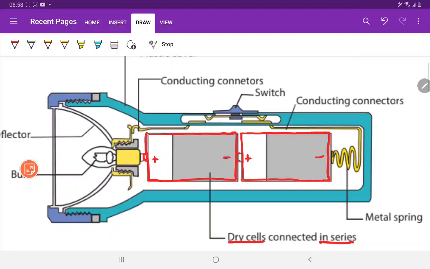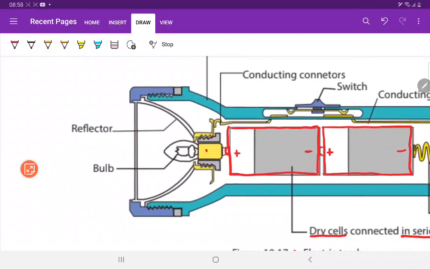Now the metal spring and the other parts, the conducting connectors, these are called conducting connectors. They are joined here in this part. So here is the bulb, and the bulb will light up. And the reflector is there.